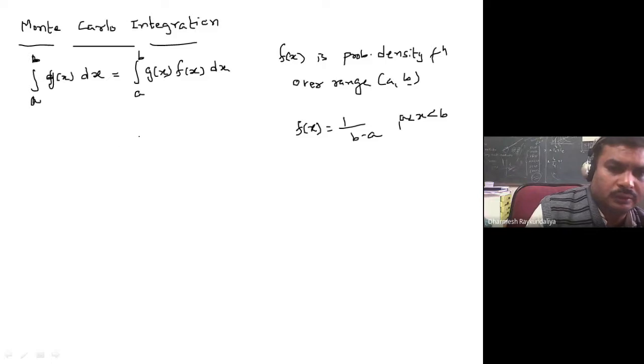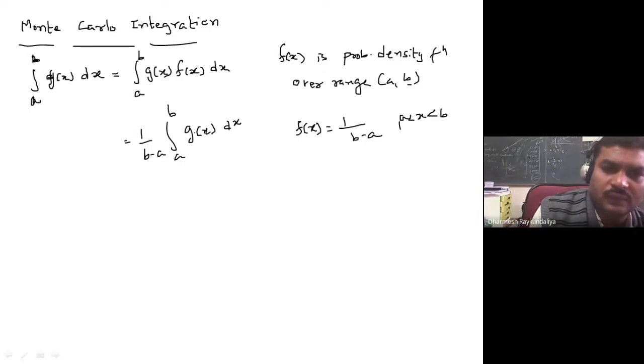It means I can write this as the integral from a to b of g(x) dx. If I am writing 1 upon b minus a, then I have to multiply by b minus a.